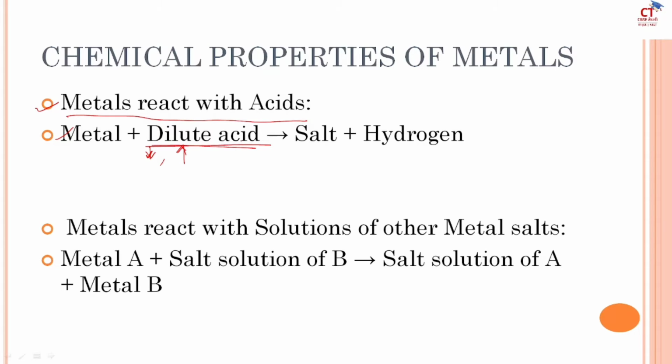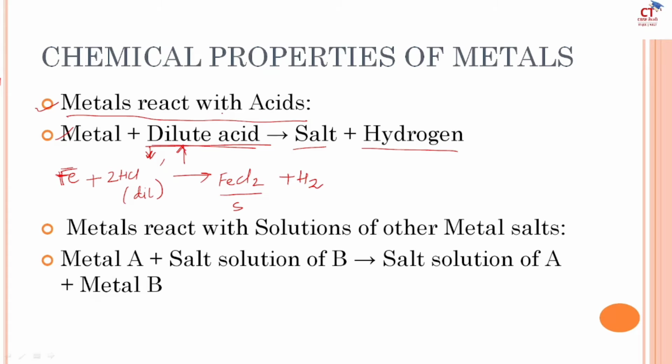This is known as a dilute acid, and that will produce salt plus hydrogen. Let's know an example for this, that is Fe, that is a metal, and 2HCl, that is diluted, will give you what? FeCl2, this is a salt, and hydrogen.